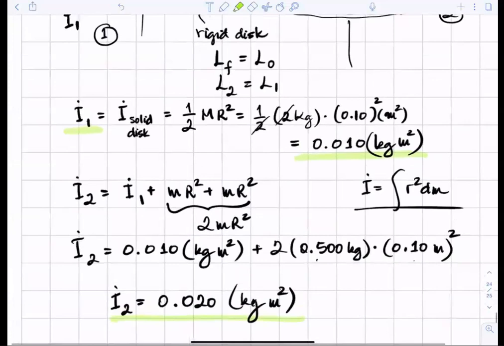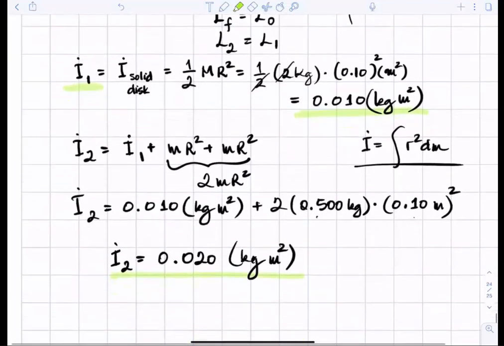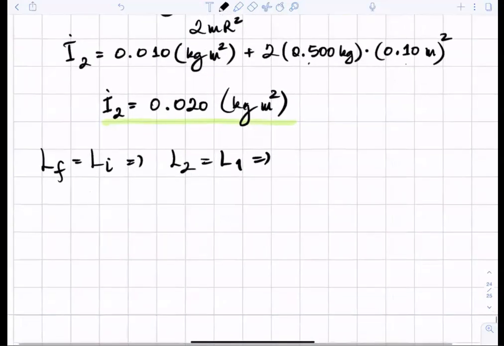All right, so we got a before and after moment of inertia. Now you will have omega 1 and omega 2 for each one of those phases as initial and final angular velocity. So now we can do the conservation of angular momentum. L2 equals L1, so that becomes omega 2 I2 equals omega 1 I1.